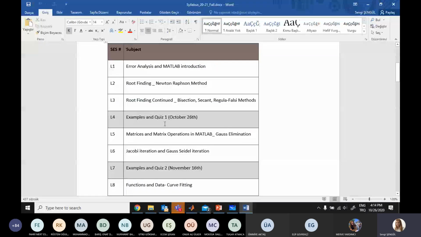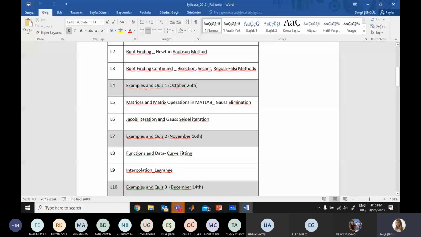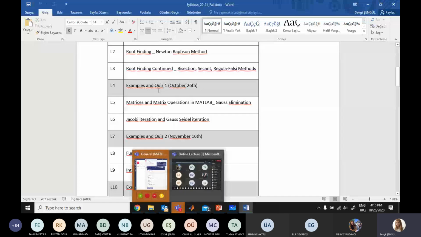So after the Jacobi iteration, we have our examples and quiz 2. Next week we have quiz 1. Okay. After that, we will talk about linear algebra part 1 one more week. And after that, we will start curve fitting and interpolation according to our syllabus.